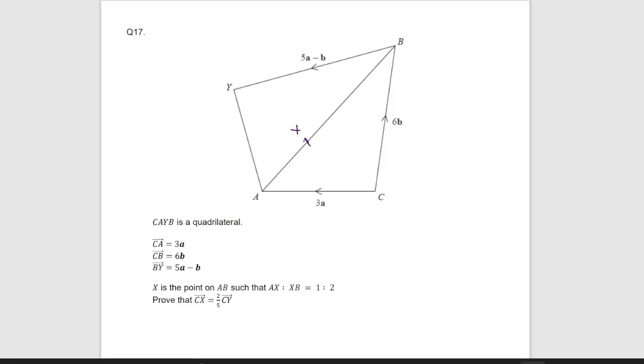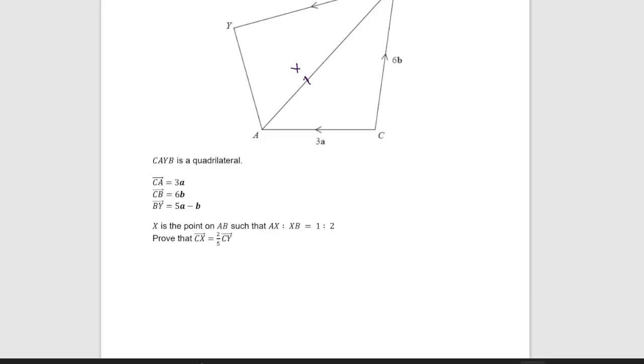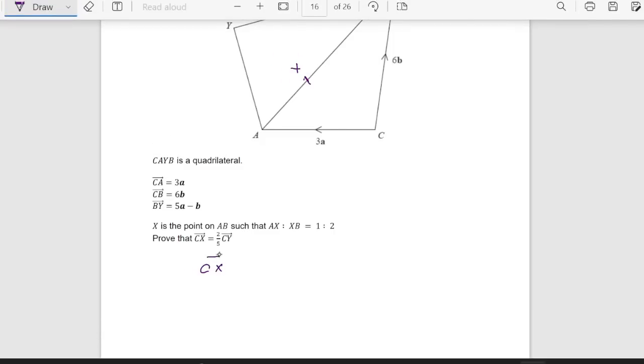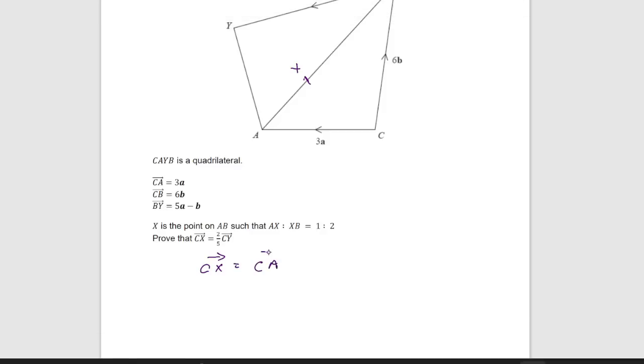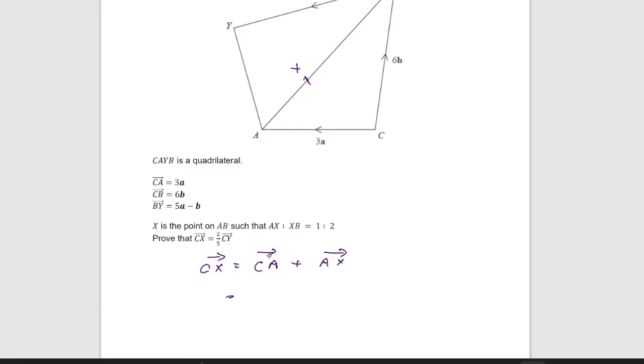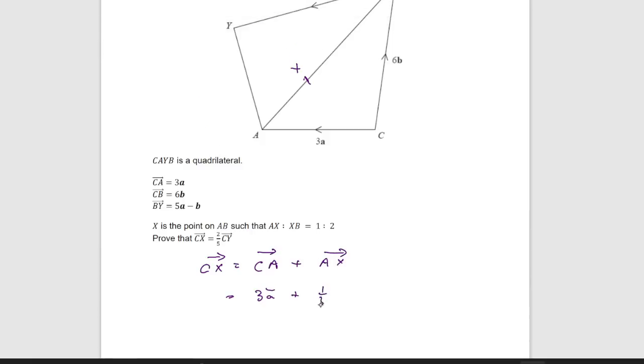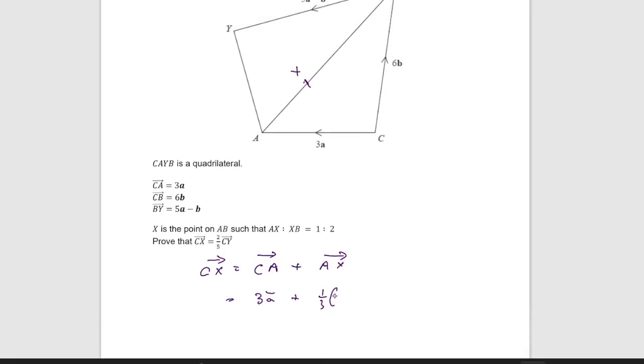Okay, interesting. Right. Okay, so I'm going to say that C to X is going to be equal to C to A followed by A to X. Right, so we know C to A is 3A, and A to X is going to be 1/3 of A to B, so that's going to be minus 3A plus 6B.